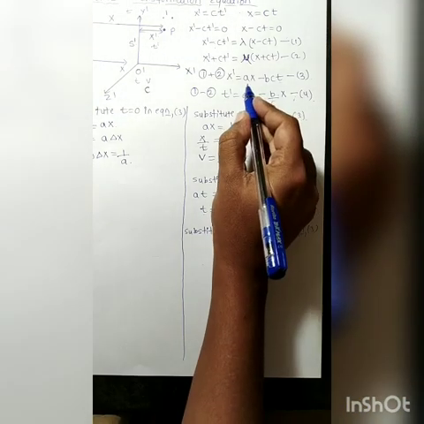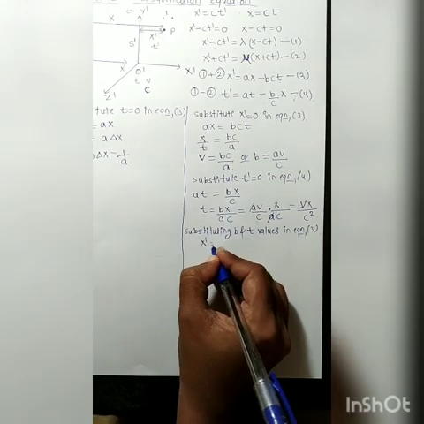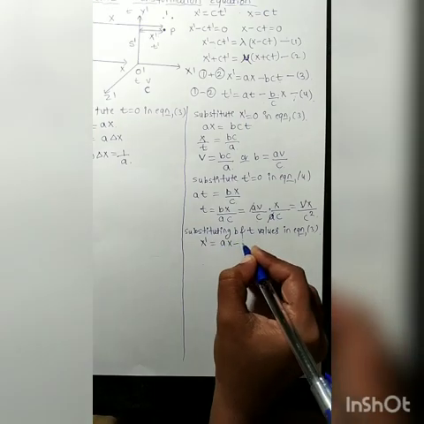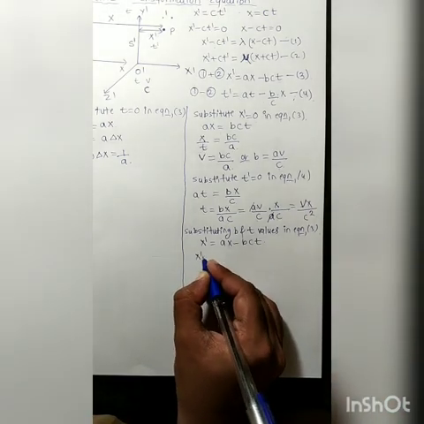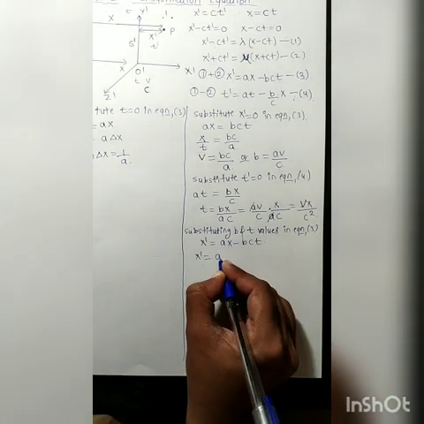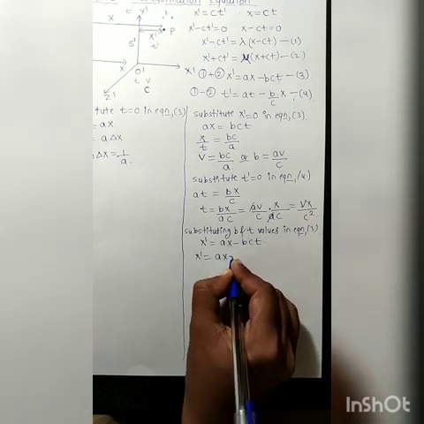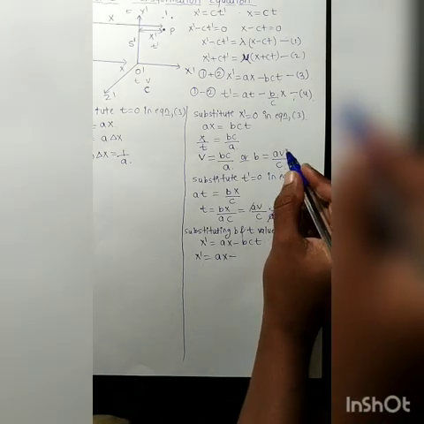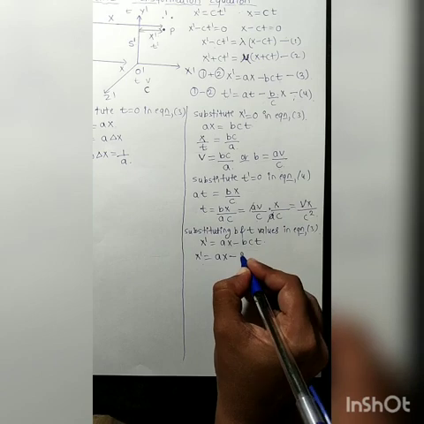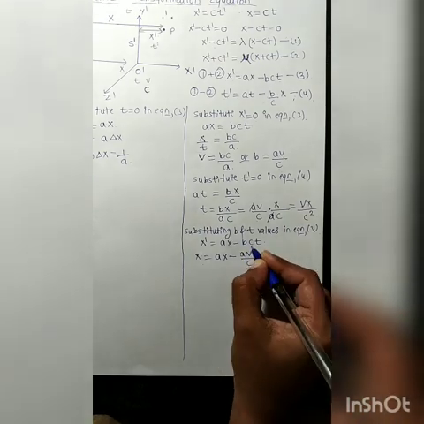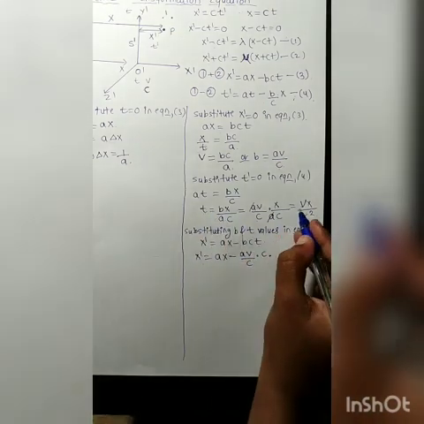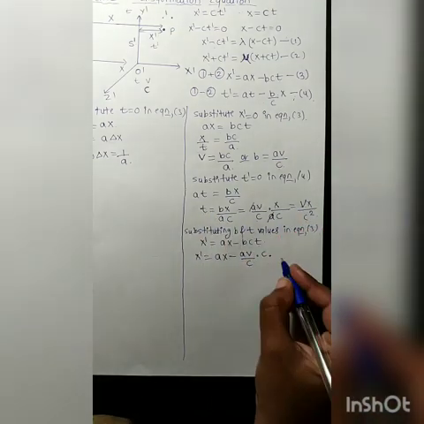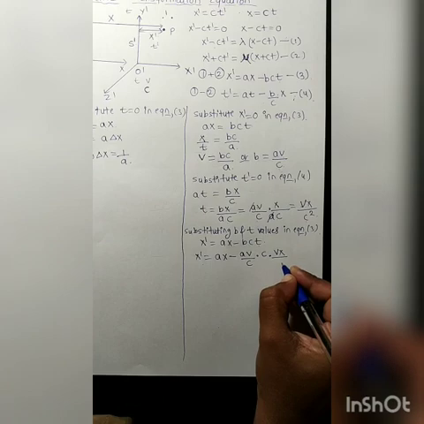So the equation number 3 I will write, that is x dash is equal to ax minus bc into t. Now x dash is equal to a into x I will write as it is, minus b means ab divided by c, into this c I will write as it is, into t value, that is vx divided by c square.